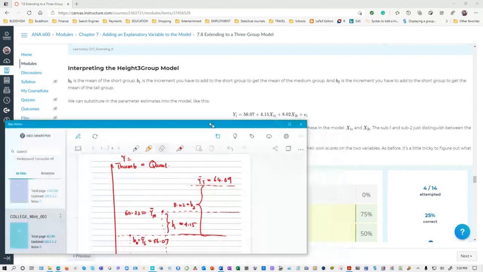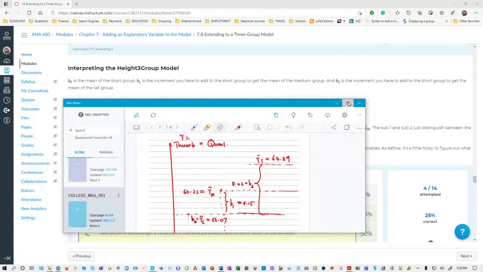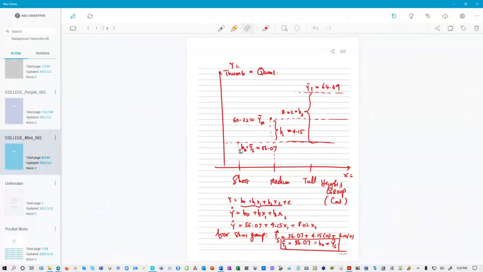See, I located pretty much everything on this picture. This is B naught, which is y bar short. This is B1, 4.15, being added to this one, so that's 60.22 for the medium group's average thumb length. And I added B2, 8.02, from the short people, and then it's going to be 64.09.